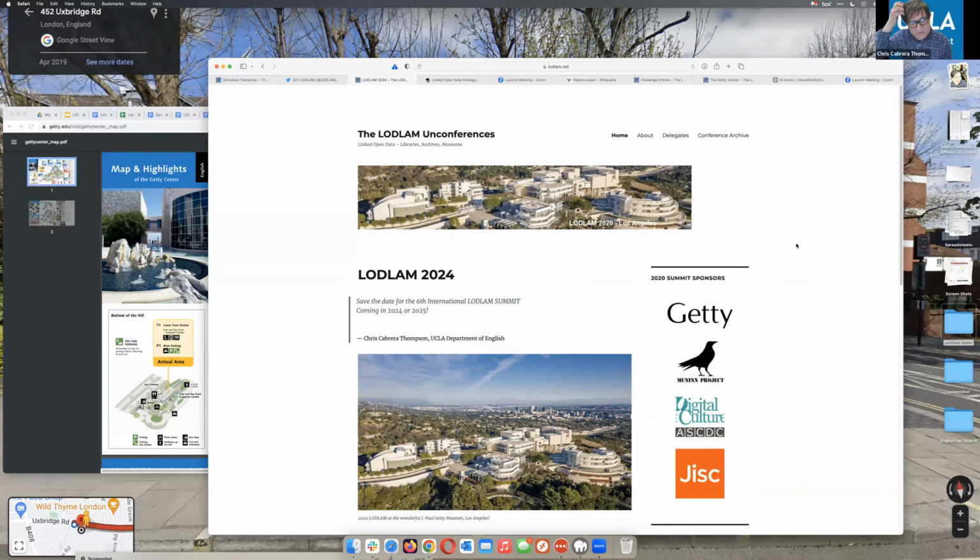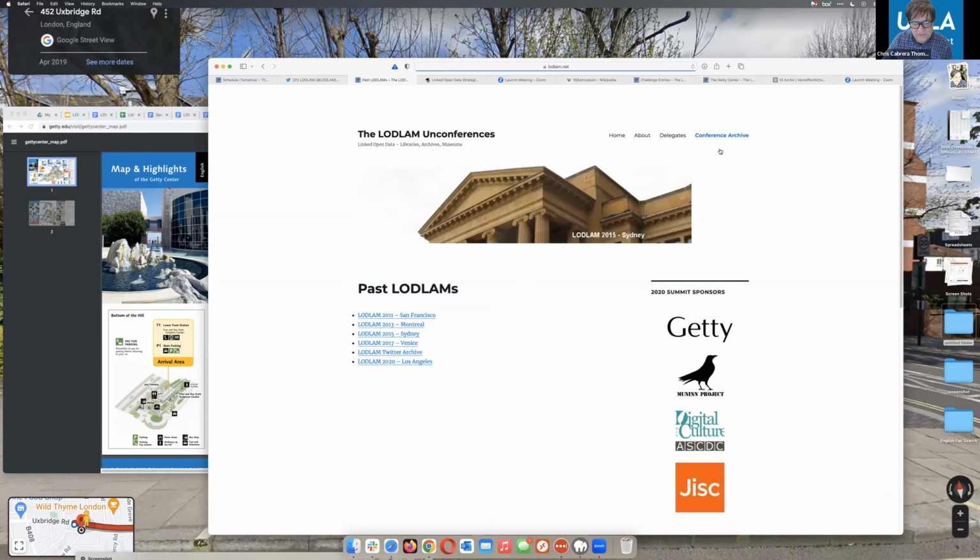If we can do it in Paris, France in 2024, then we'll try for 2025. These typically occur every two years, but because of the pandemic, we're probably not going to be able to start up until 2024.